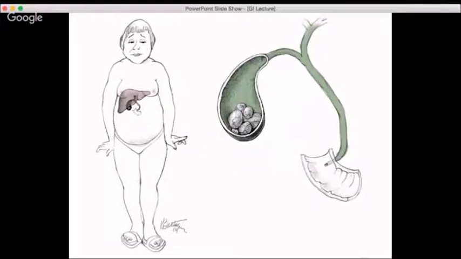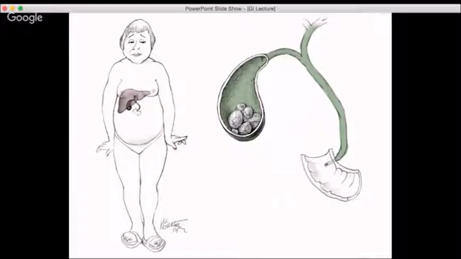And how often do people get gallstones? Well, statistics are about 30 to 40% of women in their 40s and 50s have gallstones. But they don't hurt. They're just sitting there. There's an acronym that medical students learn to help give you a guess whether somebody has gallstones. I guess it would be called the 4 F's.